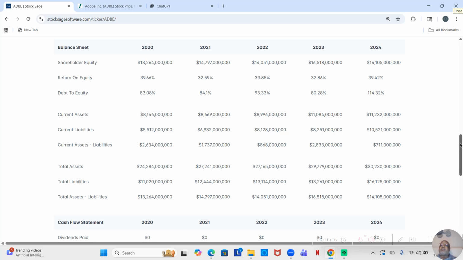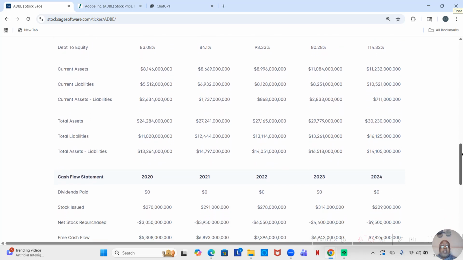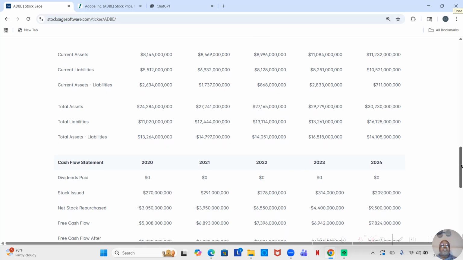Then we go down and we see that the total assets exceed the total liabilities for all 5 years. So I would say it's a pretty decent balance sheet.